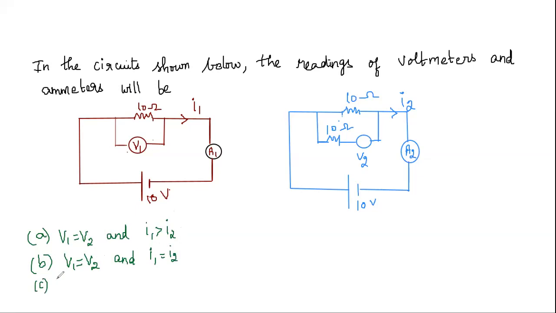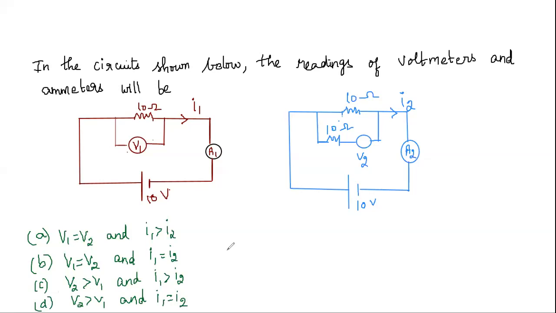Option C, V2 greater than V1, and I1 greater than I2. The option D is V2 greater than V1, and I1 equal to I2. These are the options.